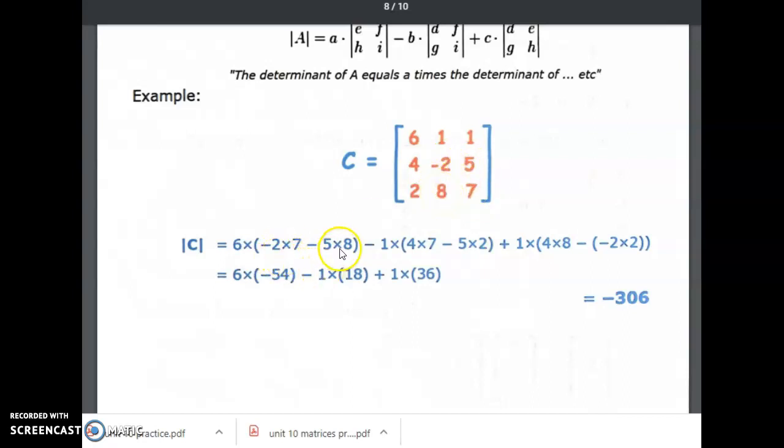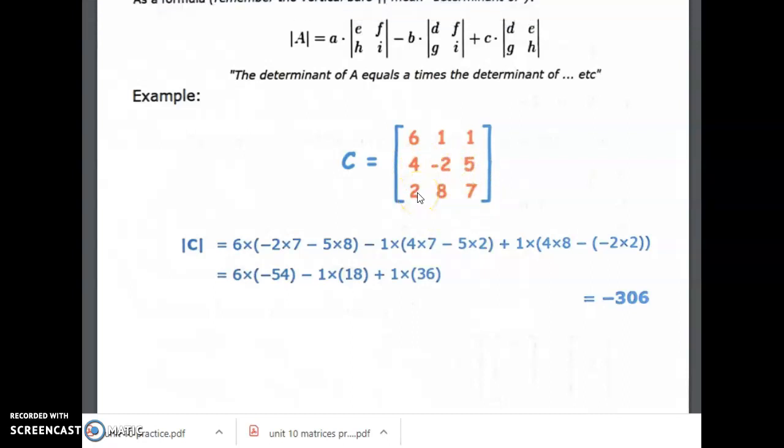Negative 14 minus 40 is negative 54. And then we multiply it by that 6 that's in front. Then we subtract 1, and we're going to now ignore the 6, the 1, the negative 2, and the 8. We multiply 4 times 7 and subtract 5 times 2. So that gives us 28 minus 10, or 18.